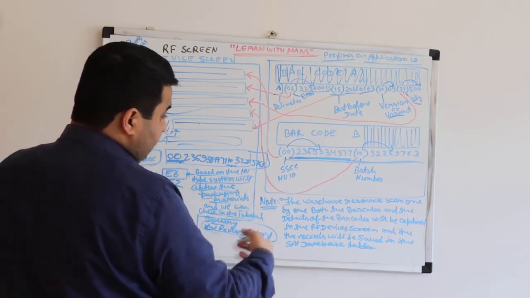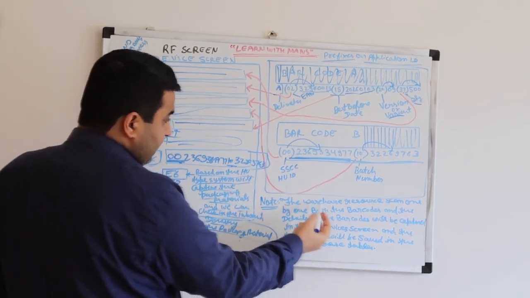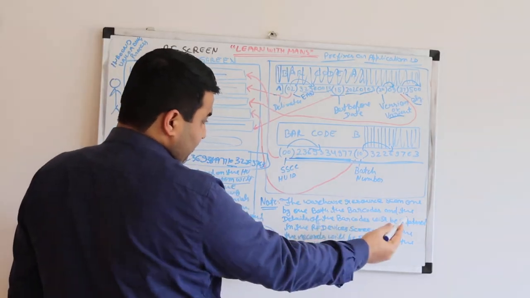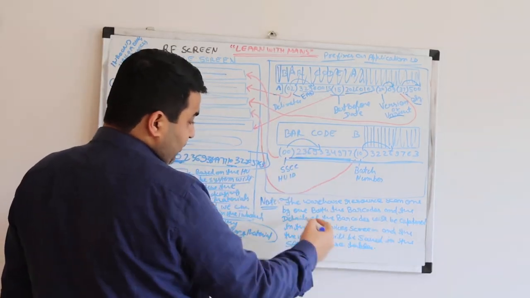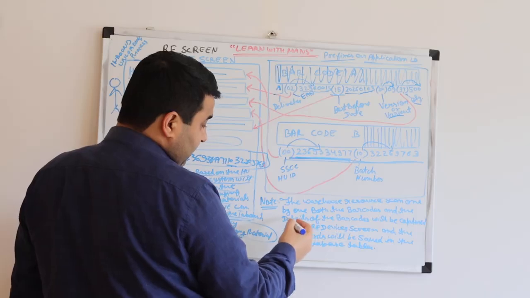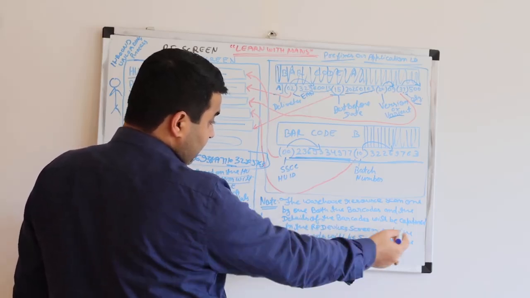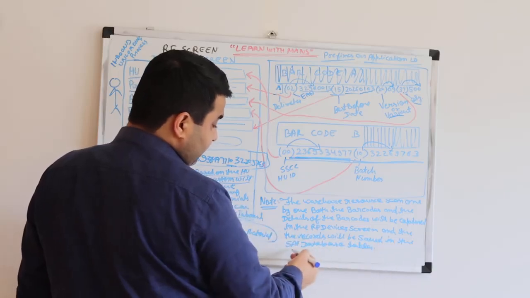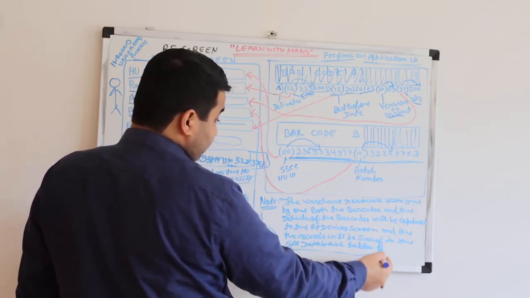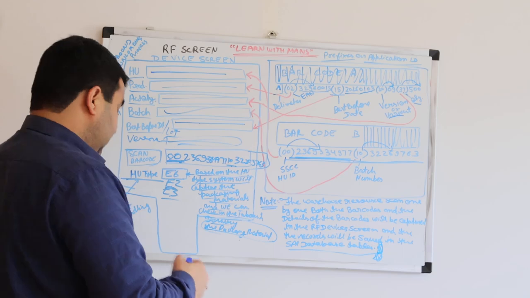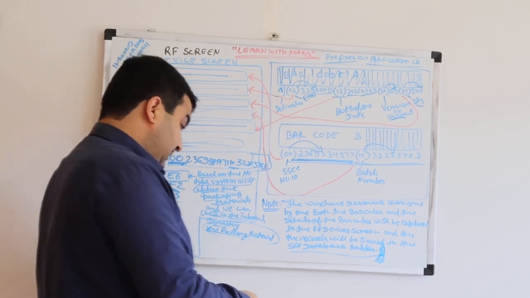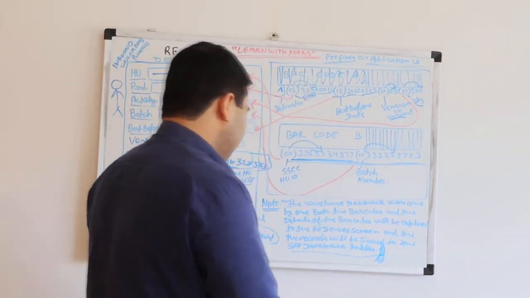Based on that, the system works, and here I put one note: the warehouse resource scans both barcodes one by one. To make it more understandable, I put some notes here. The detail of the barcodes will be captured in the RF devices, and the record will be saved in the system database table. Like this we can perform the customization.